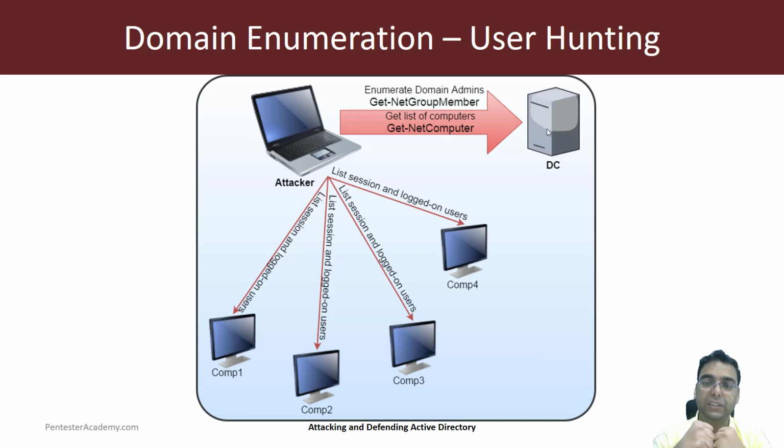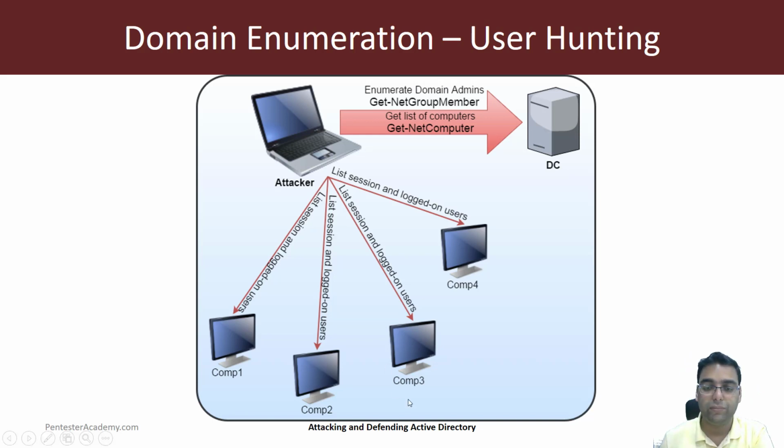Armed with these, it goes to each and every machine in the domain, lists sessions and logged-on users, and checks the sessions against the membership of the domain admins group.